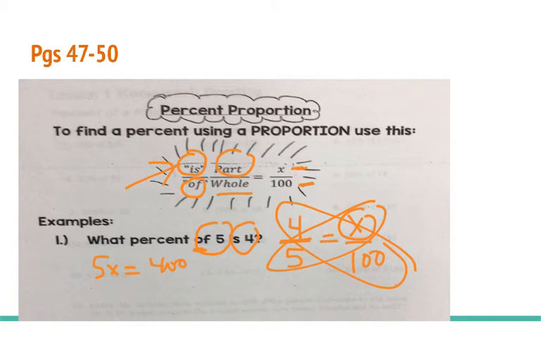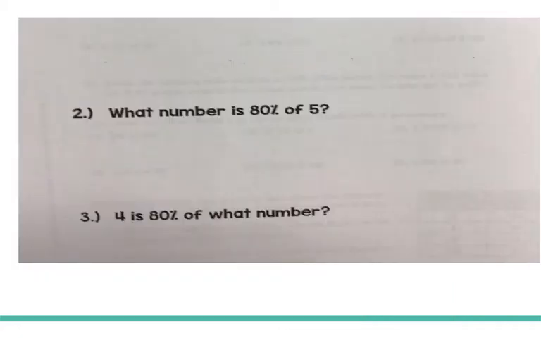Now we know that we need to get our x by itself, so we would divide by 5, divide by 5. And x will equal 400 divided by 5, which is, if you know this, 5 goes into 40 8 times and then add the 0, so 80. So our answer is 80%. So 4 out of 5 is like 80%, and I guess we should include our percent symbol there in our answer. Okay?